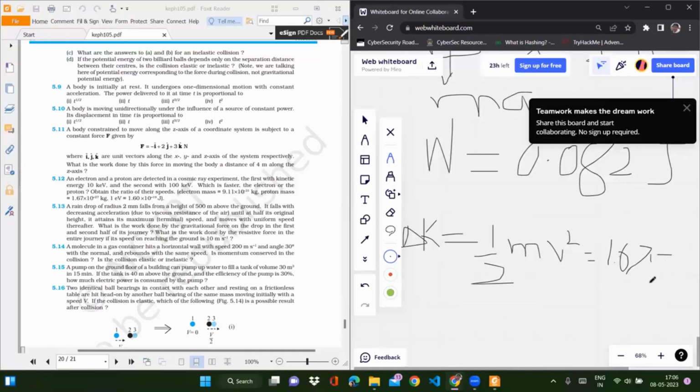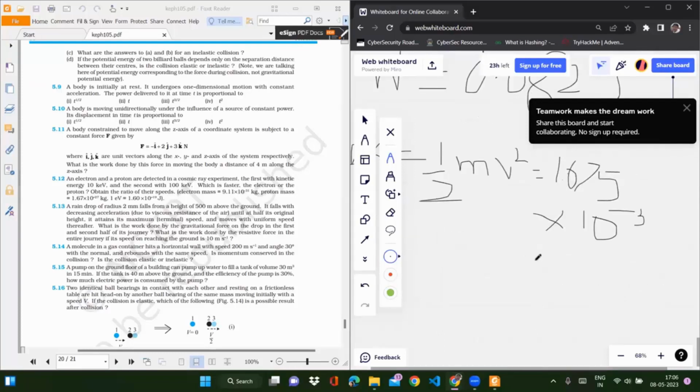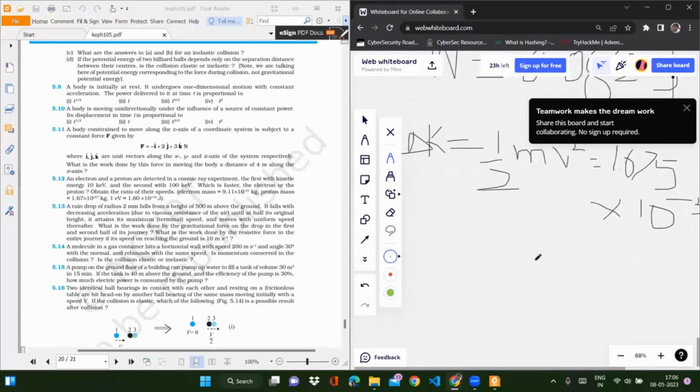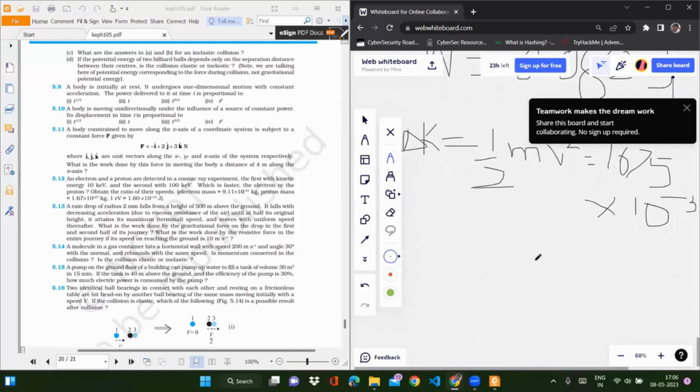1.675 into 10 to the power minus 3. This is quite small actually, meaning a large amount of energy is actually utilized against the resistive force. Now we will use the work energy theorem, that the work done by the net external force is equal to the change in kinetic energy.